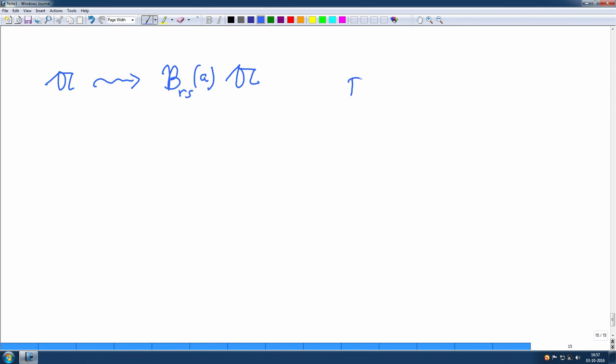The rth row of A, let me write it here, and the new rth row will be the rth row of A plus a times the sth row of A. This is what will happen to this new matrix.